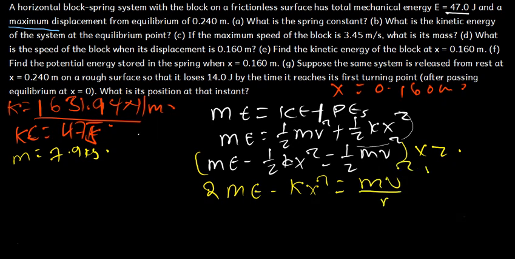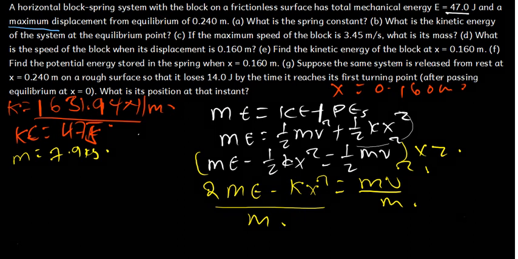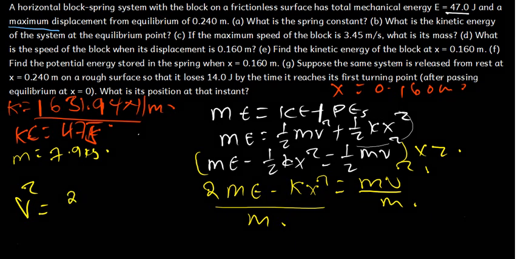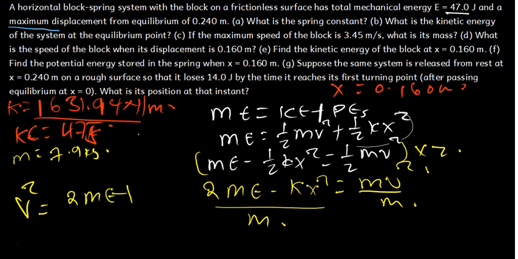We divide both sides by the mass, meaning that my v squared is going to be equal to 2 mechanical energy minus kx squared, everything divided by mass.